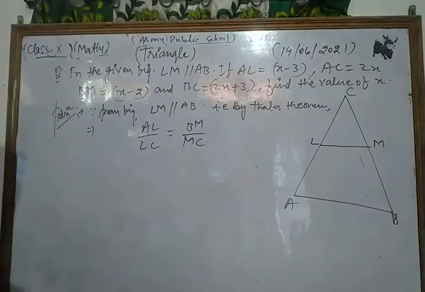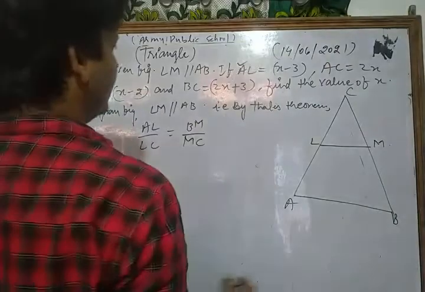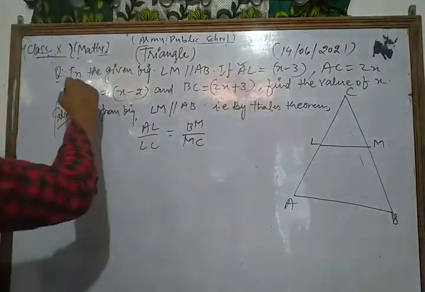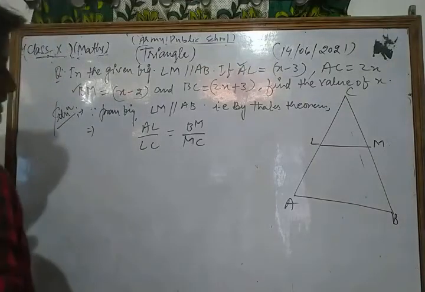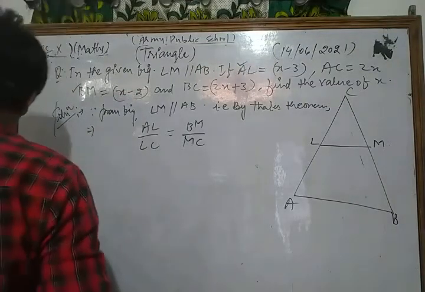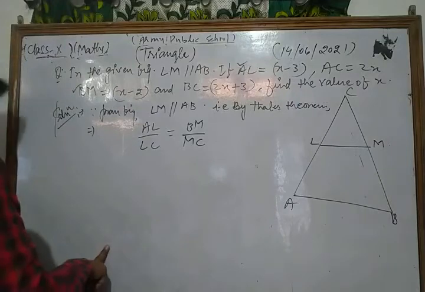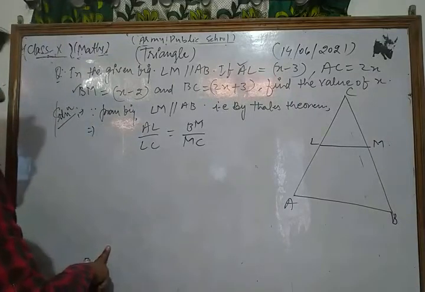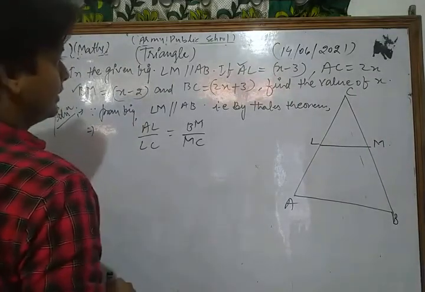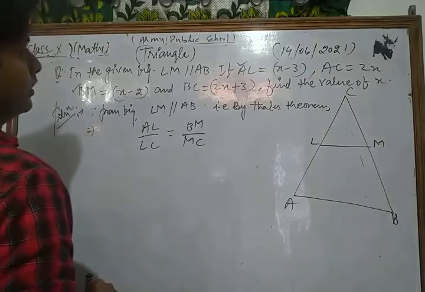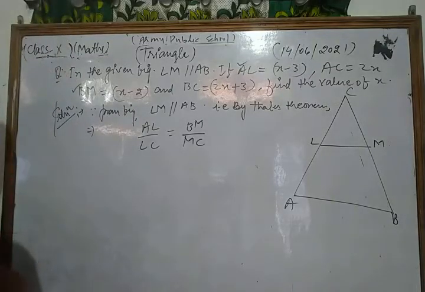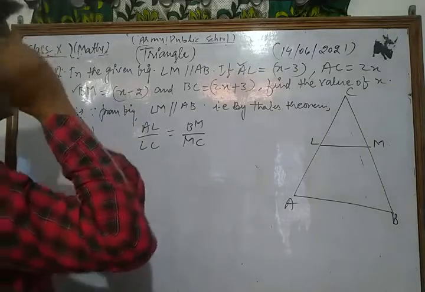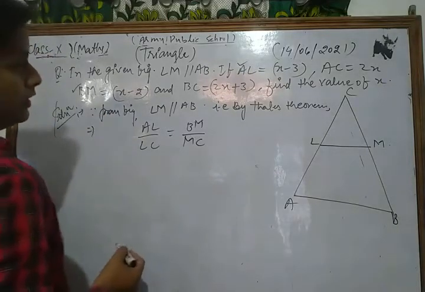Now we already have the value of AL and the value of BM, but we don't have the value of LC. So LC we can write as AC minus AL, because AL is also given in our question.